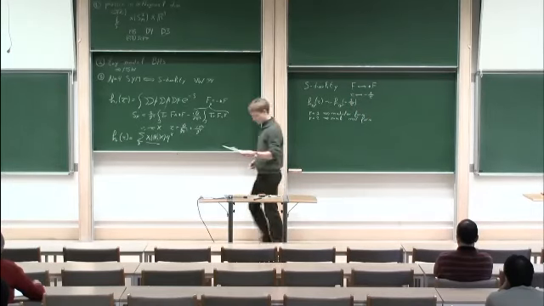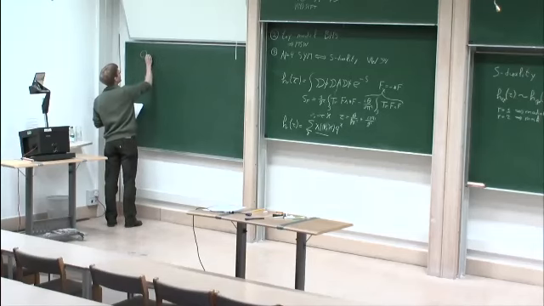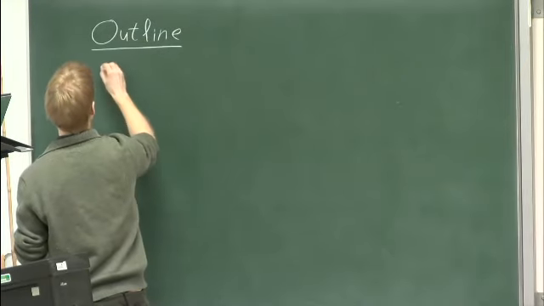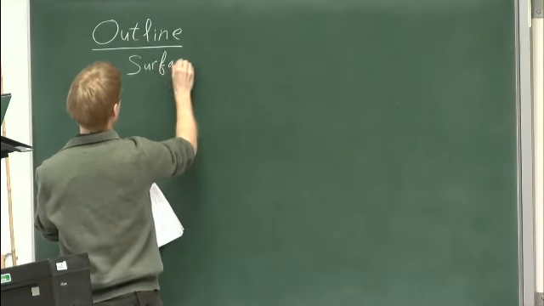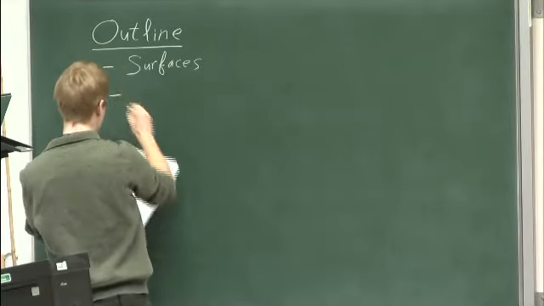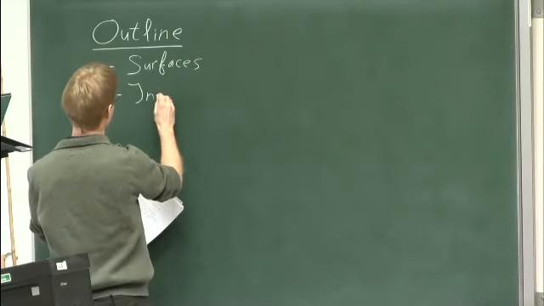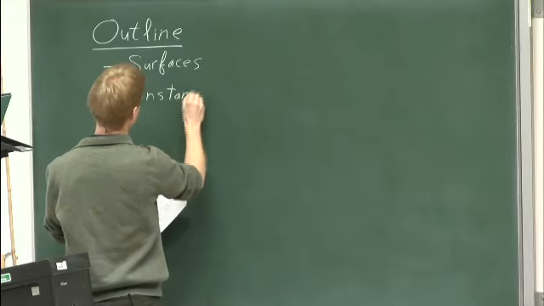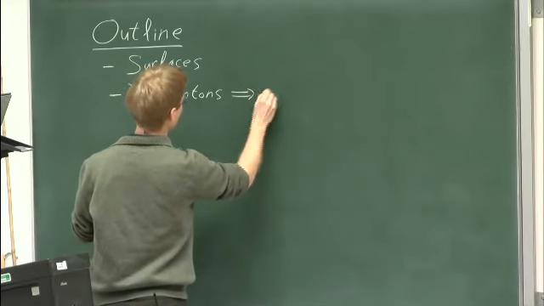So let me briefly give the outline of the talk. First I will give some more information about the rational surfaces. Then a couple of comments on the relation between instantons and sheaves.